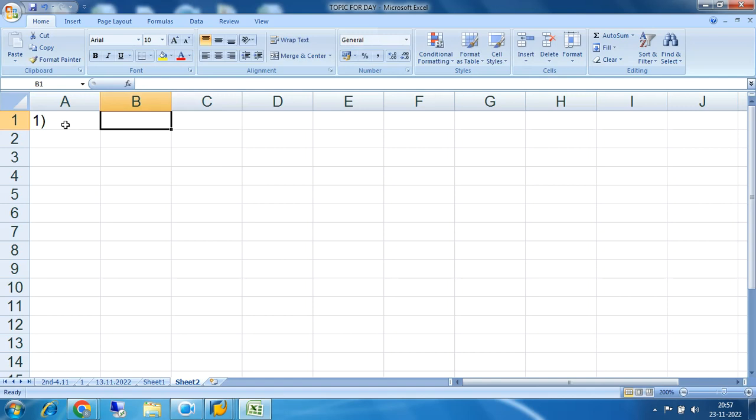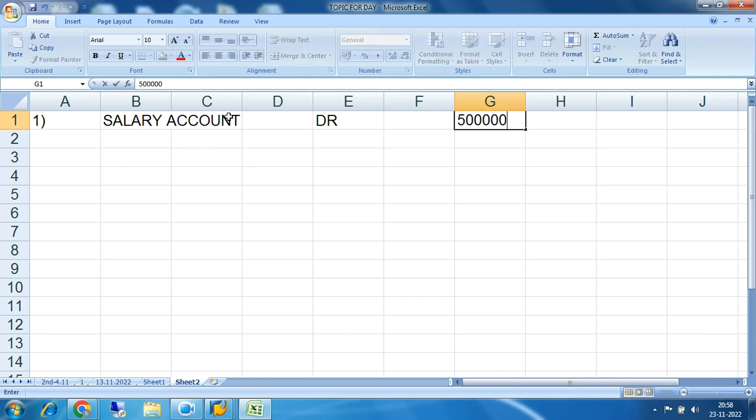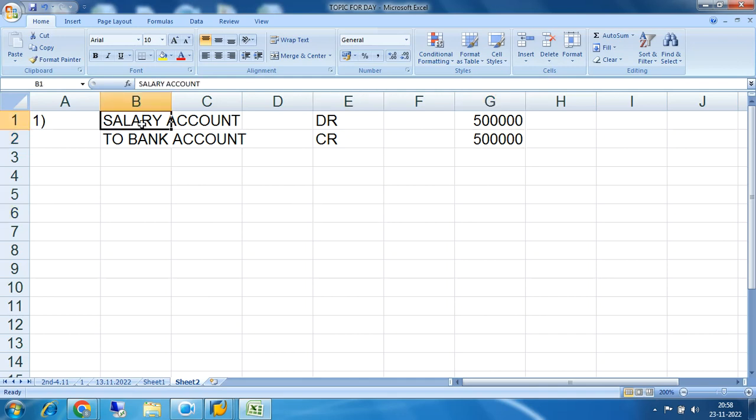Suppose I am passing a transaction: salary account debit, say 5 lakhs, to bank account, right? Suppose I pass this entry.